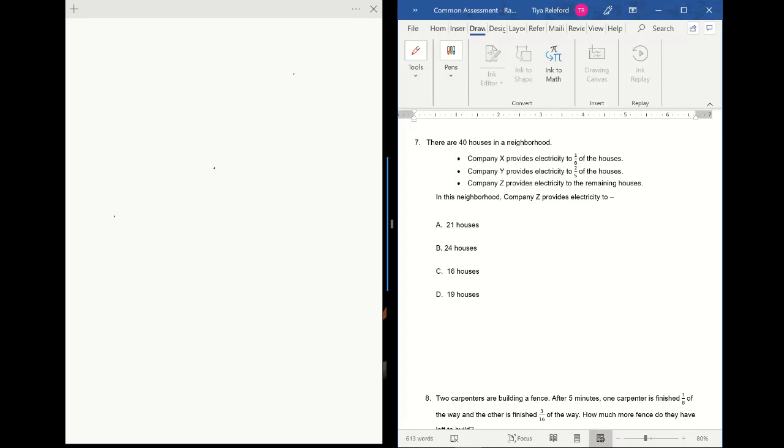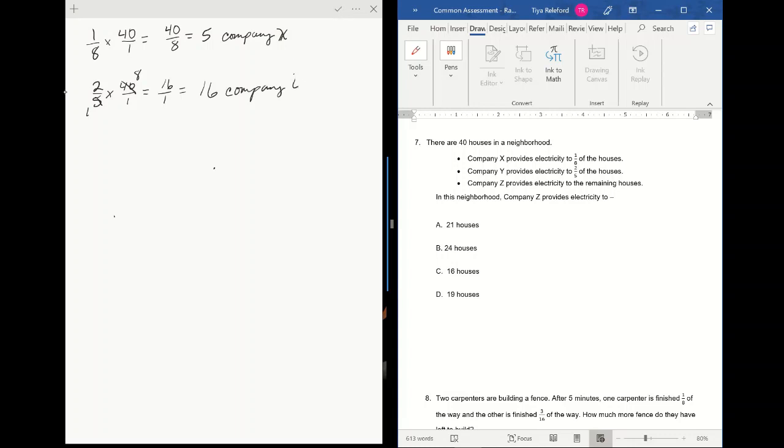So, 40 houses. I can do this a couple different ways. One of the easiest ways is to multiply 1/8 times 40, and that will tell me how many Company X provides service for. And then I can multiply 2/5 times 40, and that tells me how many houses.